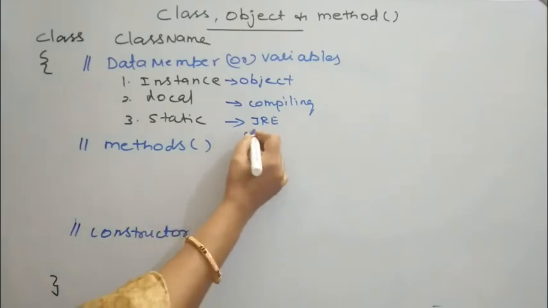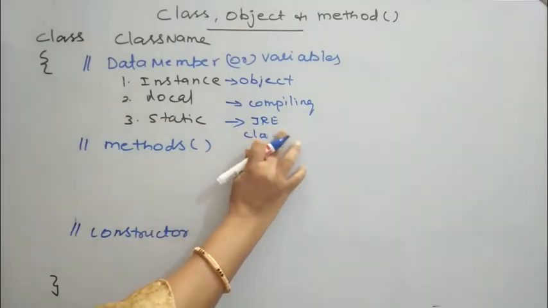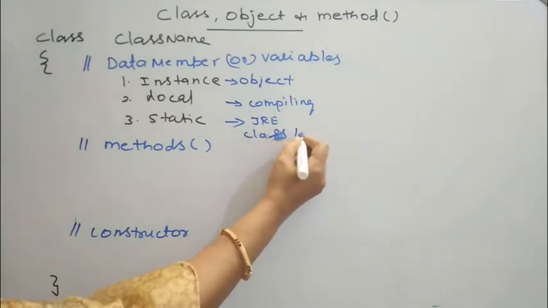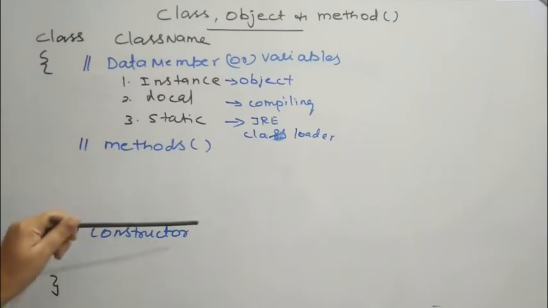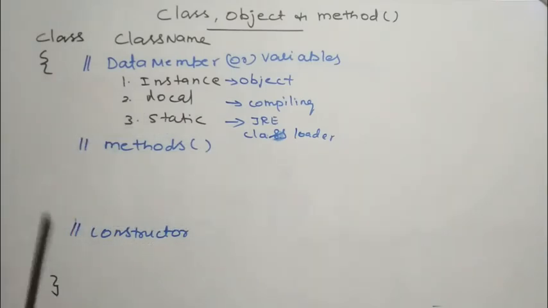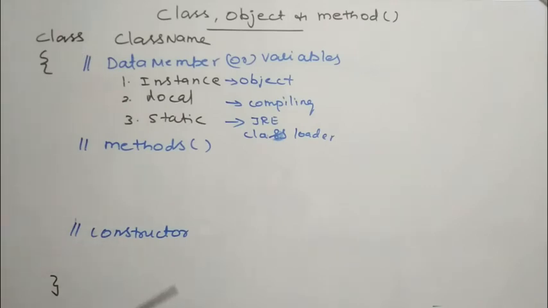The Java runtime environment contains a class loader. When the class loader loads the bytecode, the static variable will be allocated memory. So during different times, these variables are allocated memory. We have three types of variables: instance, local and static. This is all about the data members.